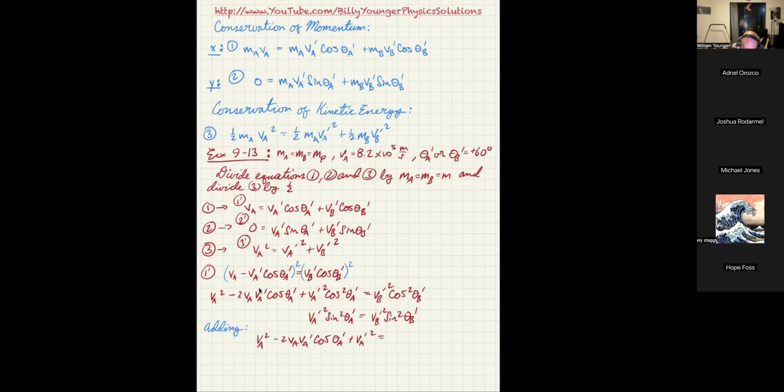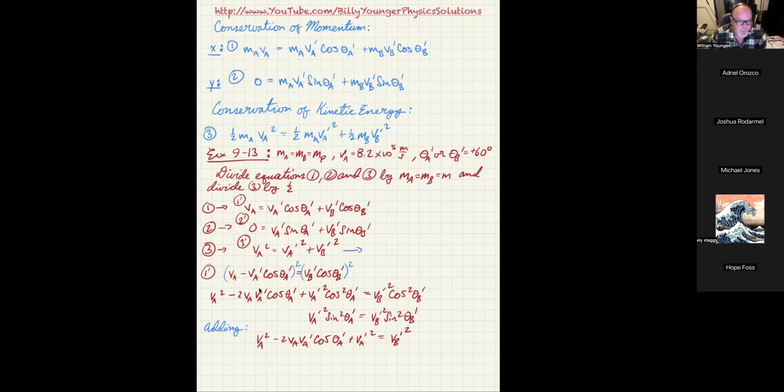Notice I don't have any sines or cosines squared anymore because the sine squared plus cosine squared gave me 1. And then on this side, it's VB prime squared. And again, notice I don't have any sine squareds or cosine squareds because the sine squared plus cosine squared is equal to 1. So this little expression is super, super nice. But now we can do even more. I can solve equation 3 prime.